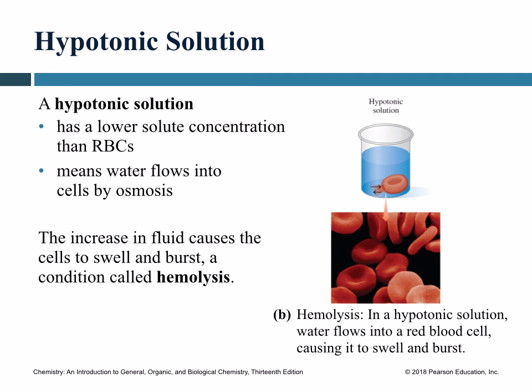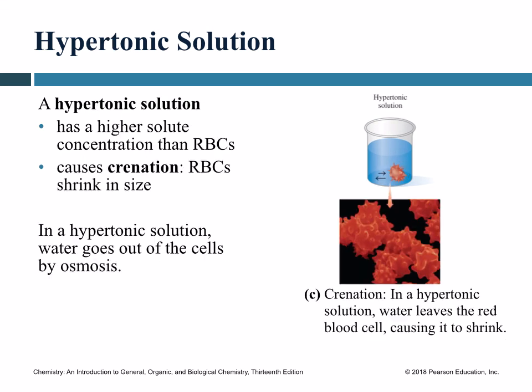For example, hypoglycemia is low blood sugar. If red blood cells are placed in a hypotonic solution, water will flow into the red blood cells through osmosis, causing the cells to burst. If you place red blood cells in a hypertonic solution, which has a higher solute concentration, the cells would lose water through osmosis and shrink. Remember, the prefix hyper means excessive or above normal.